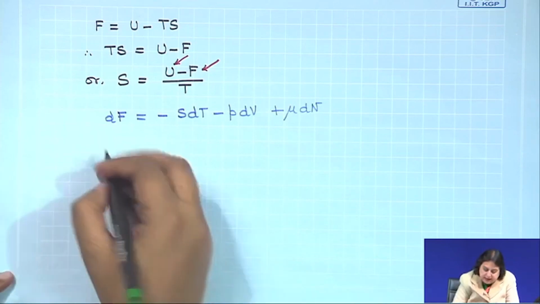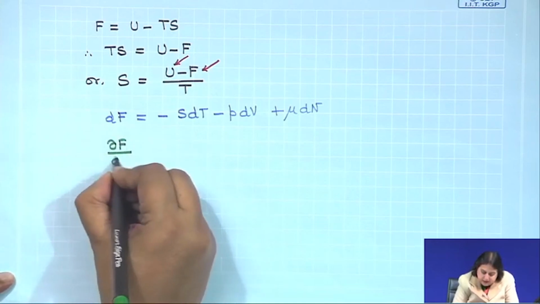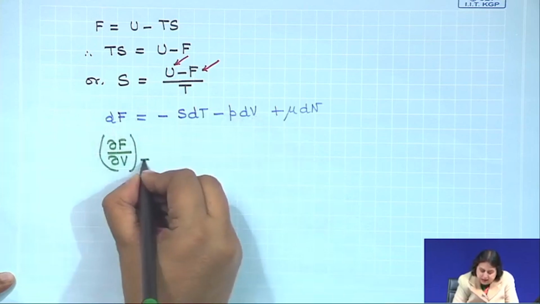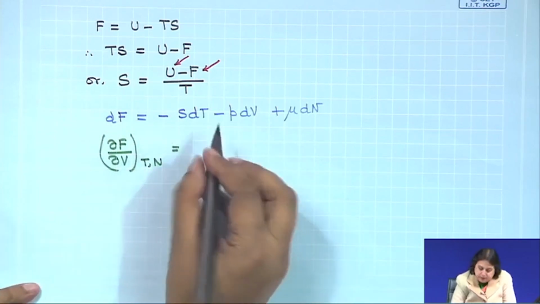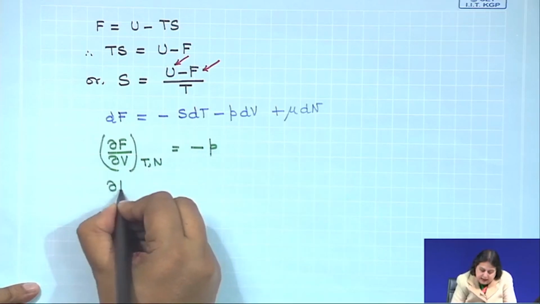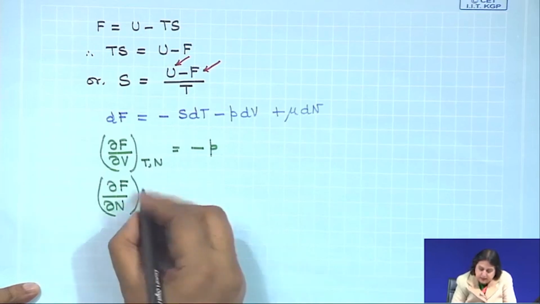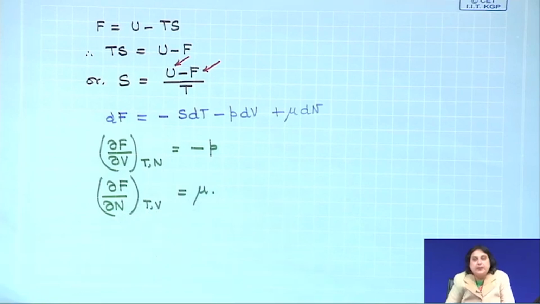So, from here I can immediately write down that del F del V at constant T, N, what is that quantity? That is equal to minus P, and del F del N at constant T, V is equal to mu.